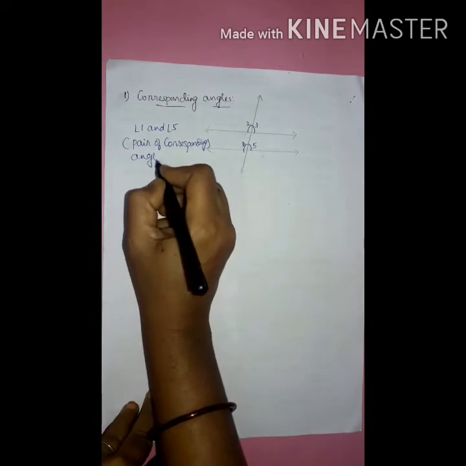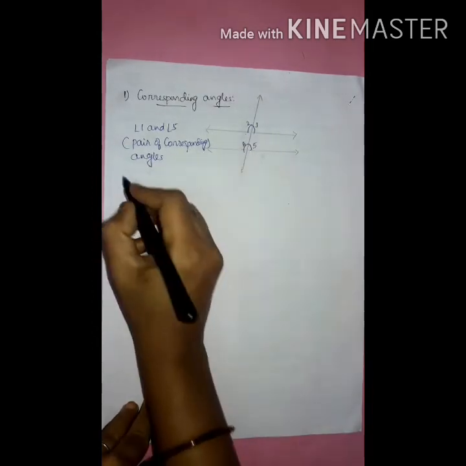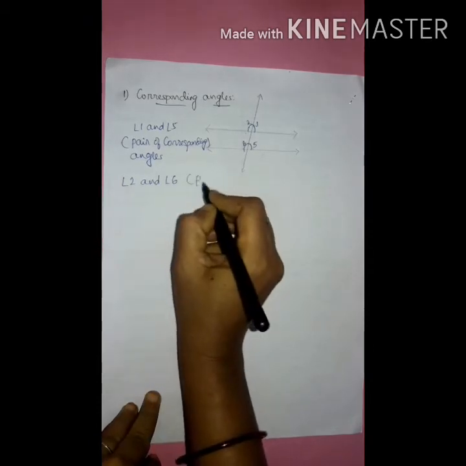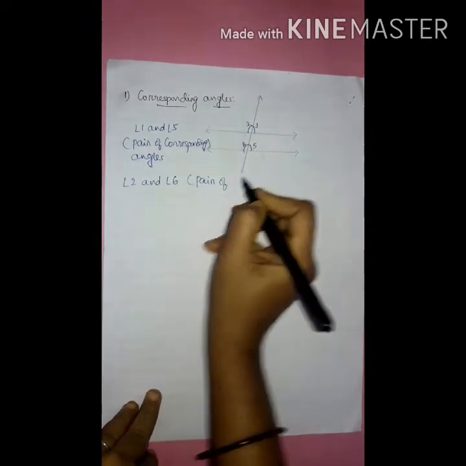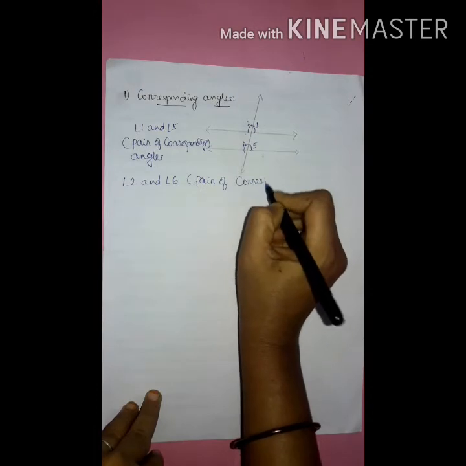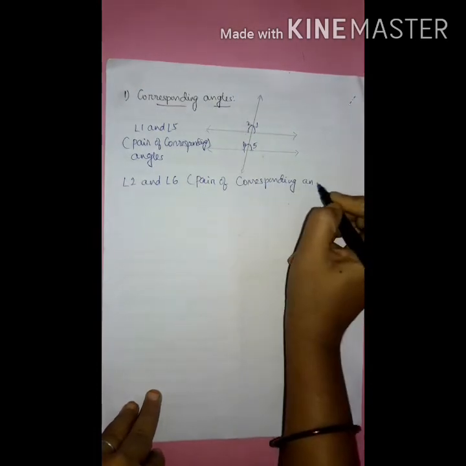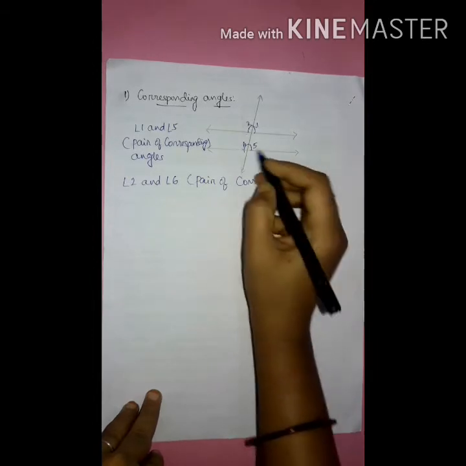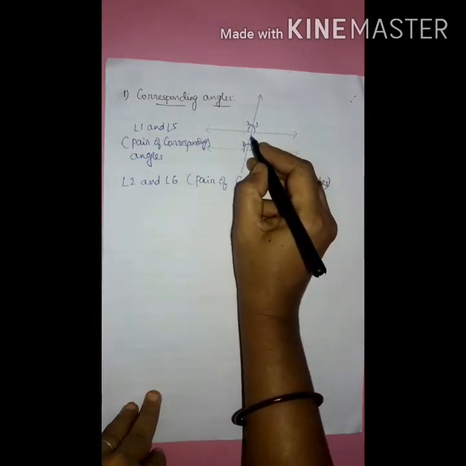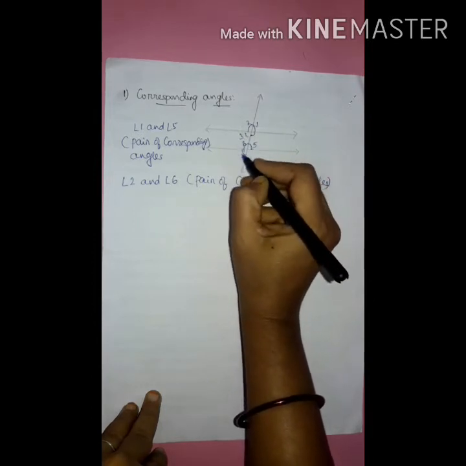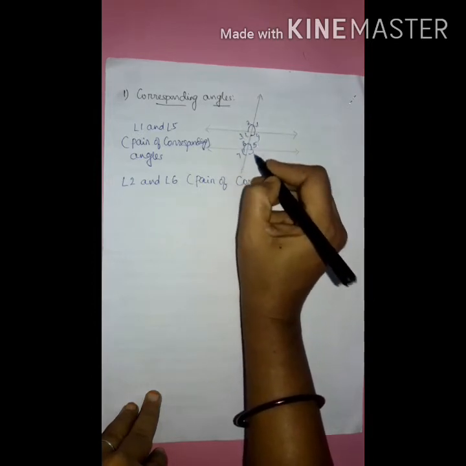Similarly, angle 2 and angle 6 are also a pair of corresponding angles. And angle 3 and angle 7, and angle 4 and angle 8.